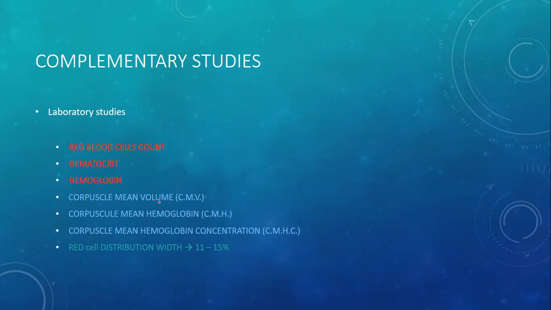Corpuscle mean volume is also known as CMV. Corpuscle mean hemoglobin is also known as CMH. And corpuscle mean hemoglobin concentration is also known as CMHC. Does anybody know what this first one is? In Spanish would be volumen corpuscular medio, right? Can anybody tell me what this is all about?